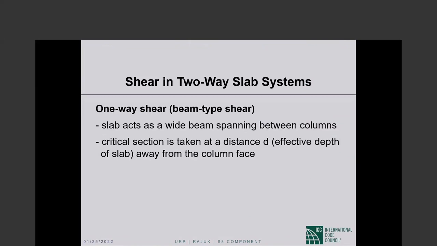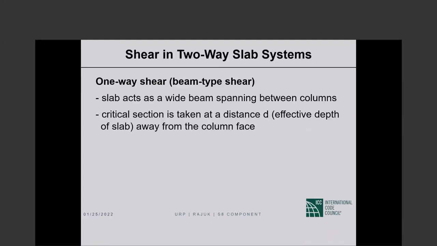So the design for one-way shear, even though we are designing a flat plate, is pretty much the same as the shear design of a beam. Critical section is taken at a distance d, effective depth of the slab, away from the column face. So critical section is 1d away from the column face, as it is in the case of a beam.